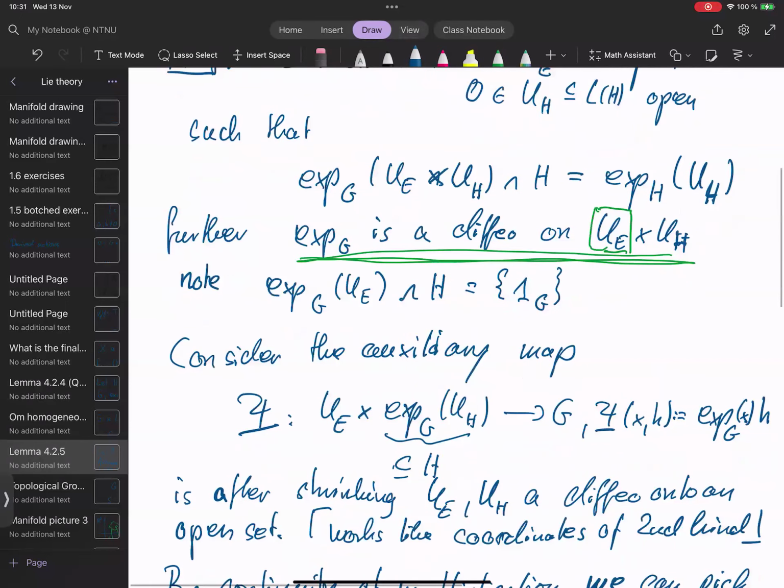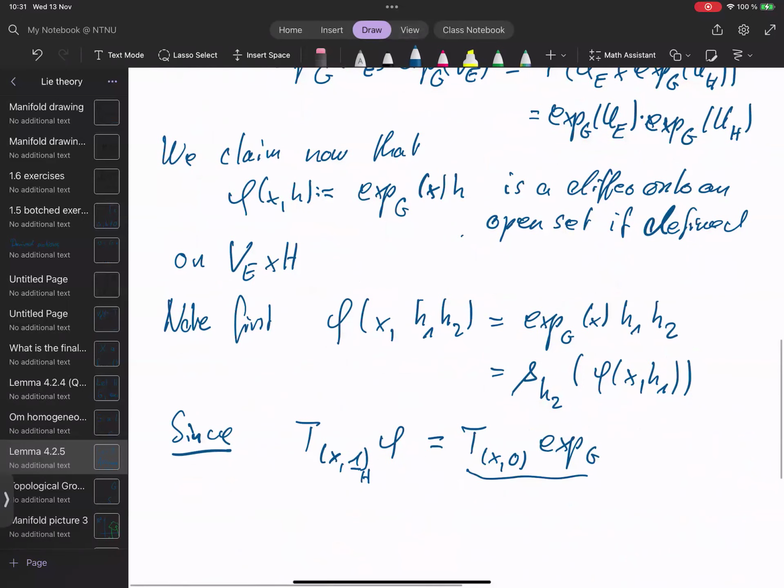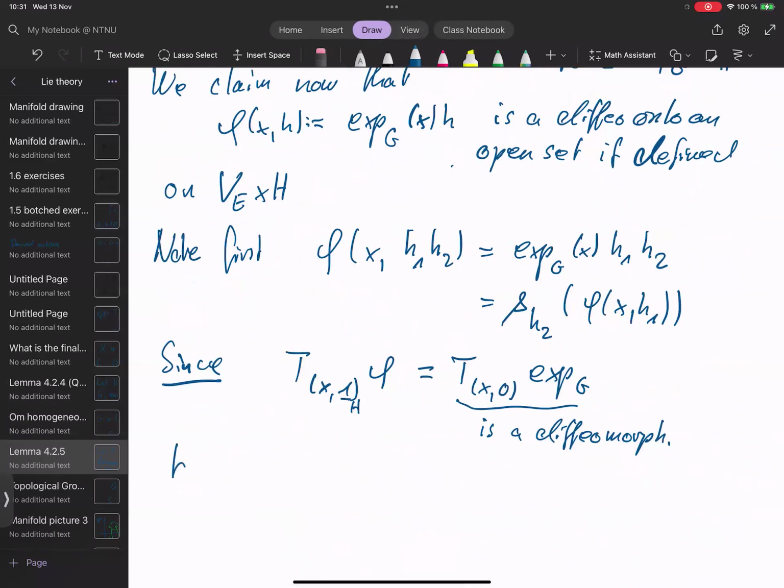So we know that this one is a diffeomorphism, or actually it's a linear isomorphism. Maybe that I should have said. But now, so it's a diffeomorphism, or I should have said is invertible.